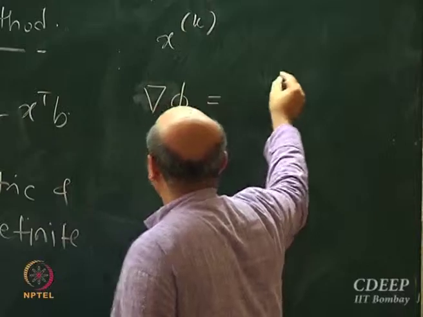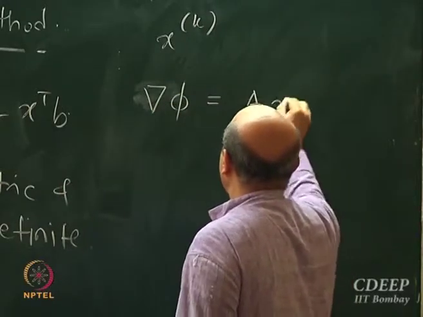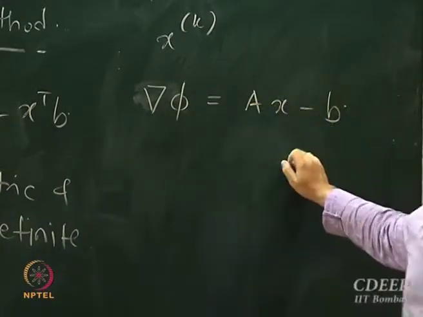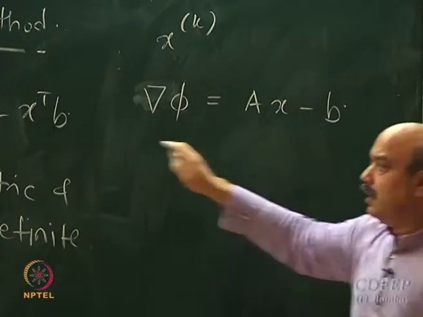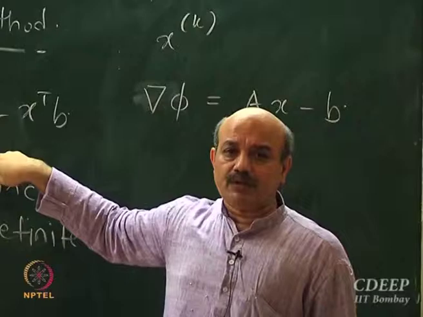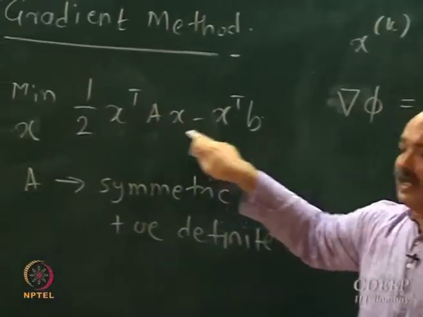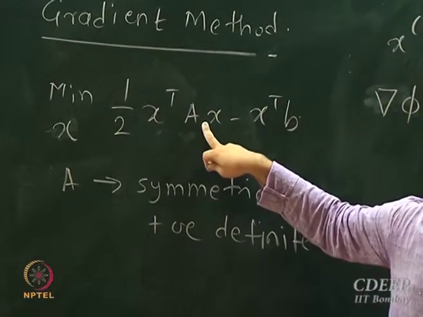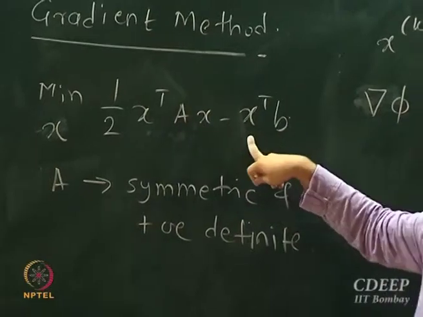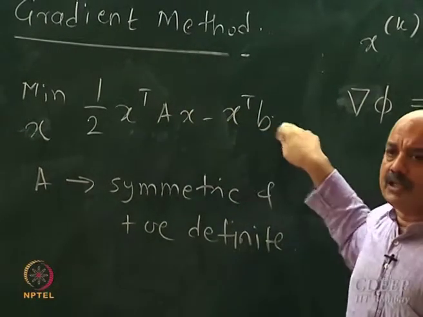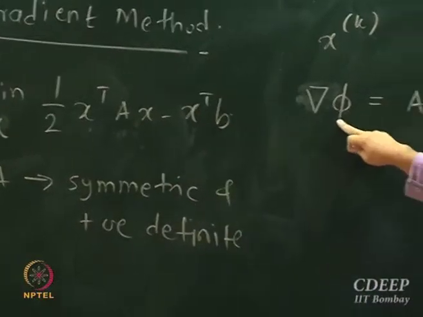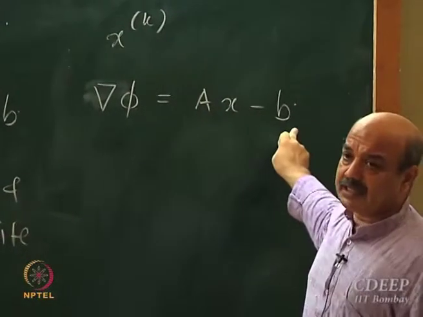Differentiate this with respect to x, with A symmetric positive definite. The derivative of this objective function with respect to x will give you Ax minus b.